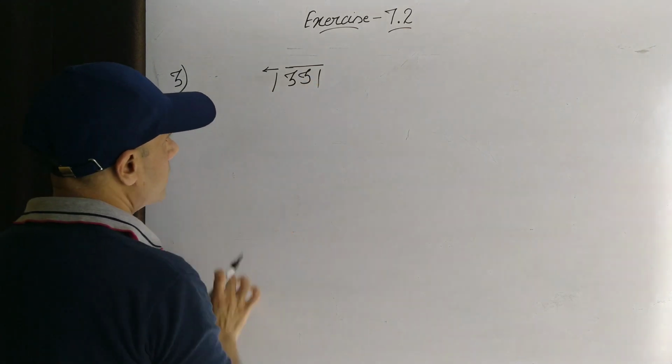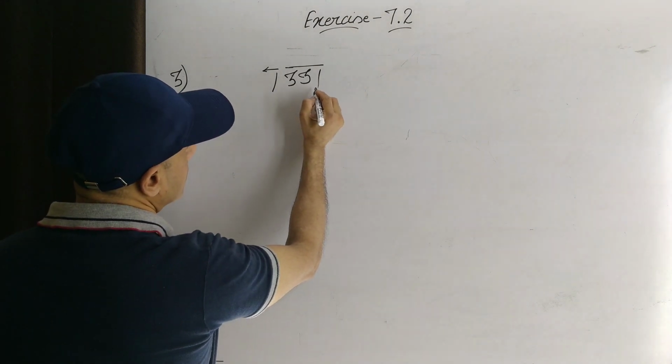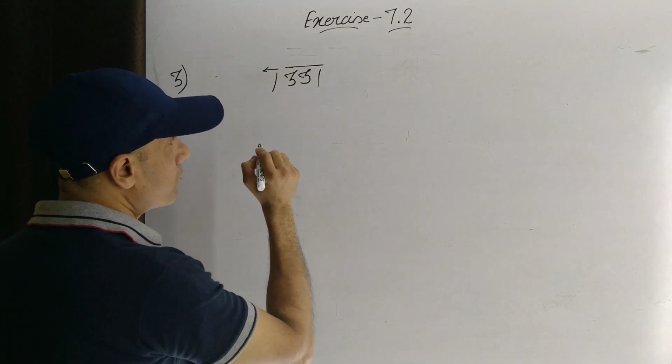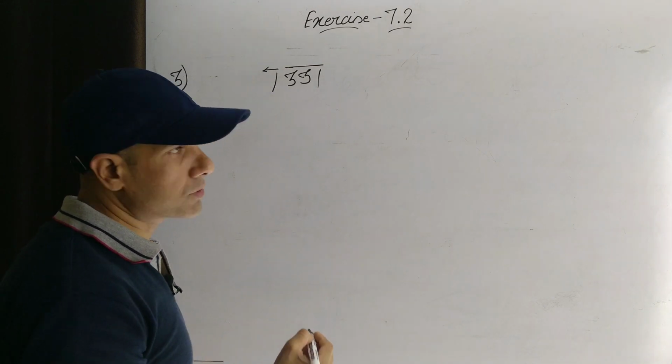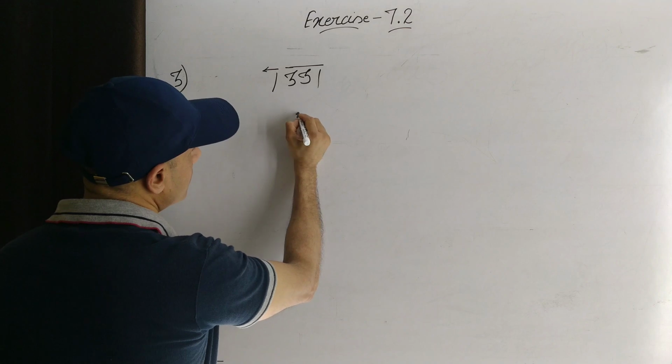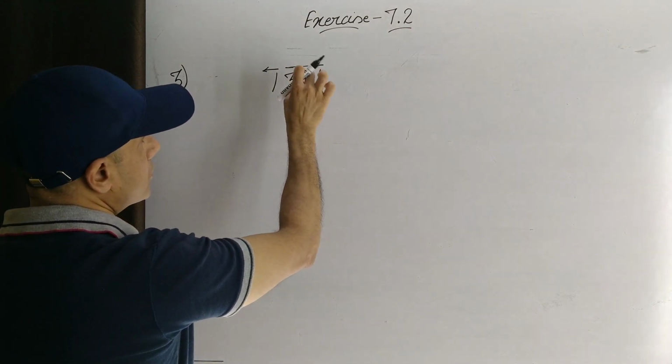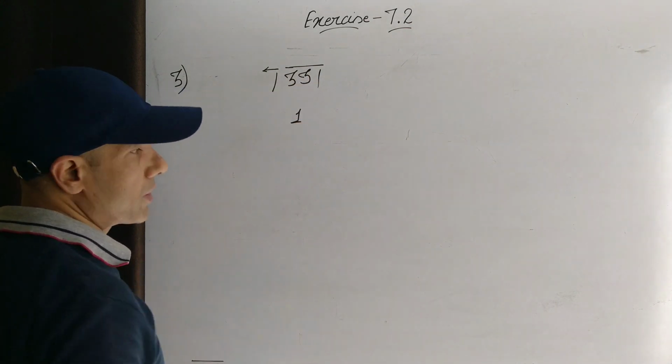We'll first deal with this number. This number ends with 1. So cube of 1 is equal to 1. So there is only one possibility. So we'll have the unit position of the cube root of this number as 1. Clear?